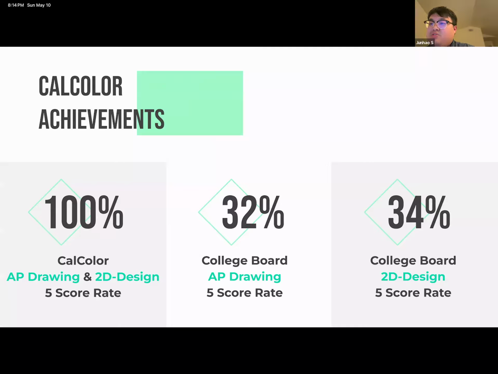Compared to other AP courses on the College Board, there's only about 32% who got a 5 score, and 34% on the other 2D design, with their 5 score rate. So as you can see, we have a huge difference compared to a regular school or other after school programs.